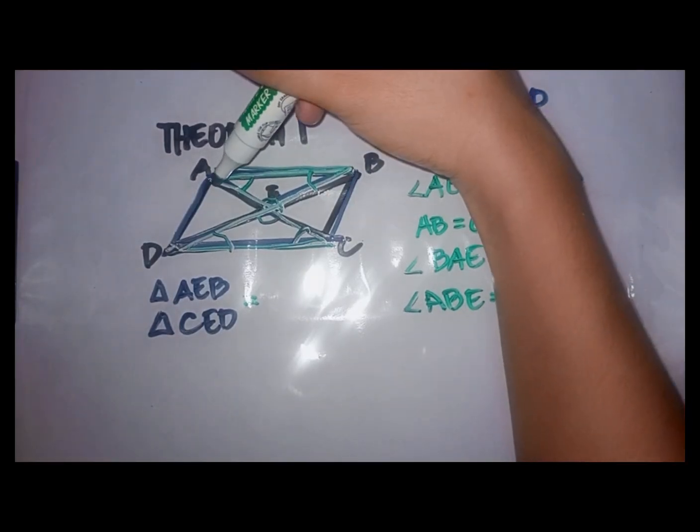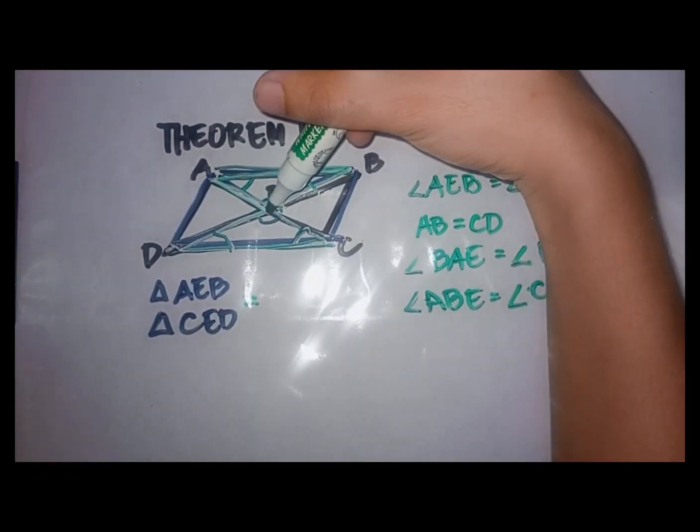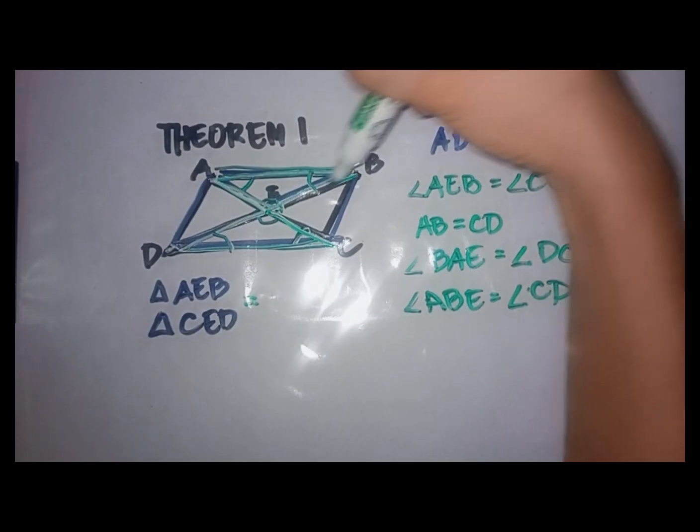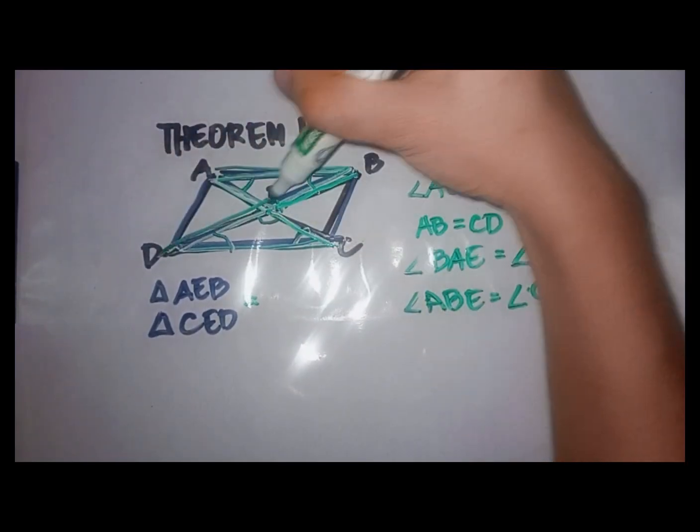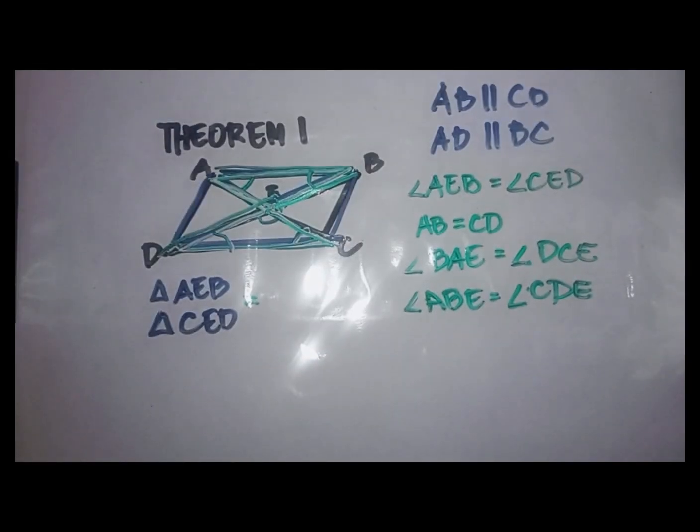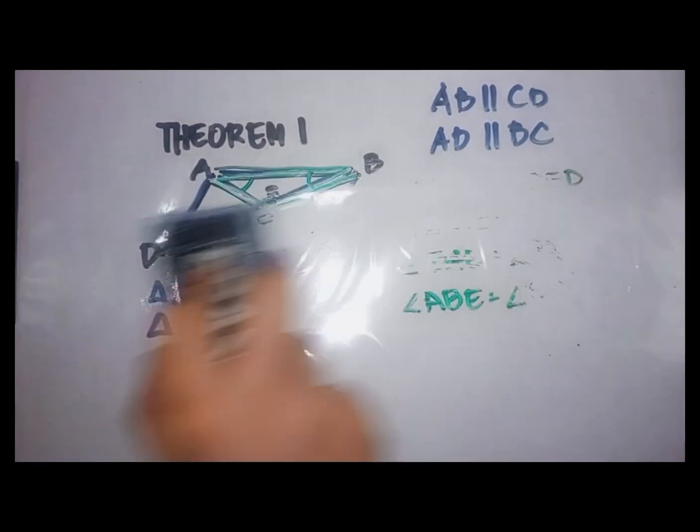Again, AE is equal to CE and BE is equal to DE. Now, theorem number 1 is proved. Now let's go to theorem number 2.